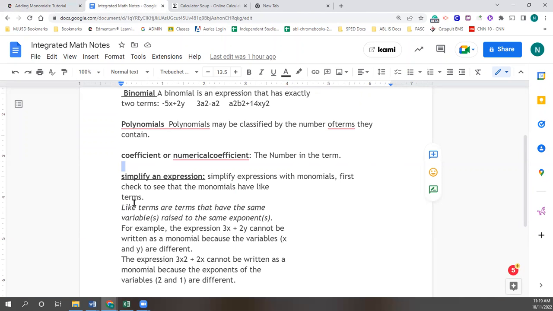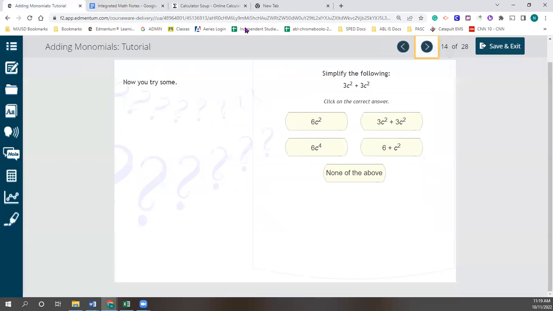Okay, so back to my notes. It said, check to see that the monomials have like terms. So this is a monomial because the terms are like, they're the same. So yes, they have like terms. That means I can add them together. So I break down the numerical coefficient, which is the 3 and the 3. I'm going to add them together because there's an addition sign.